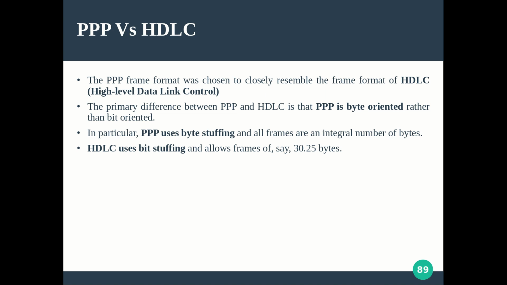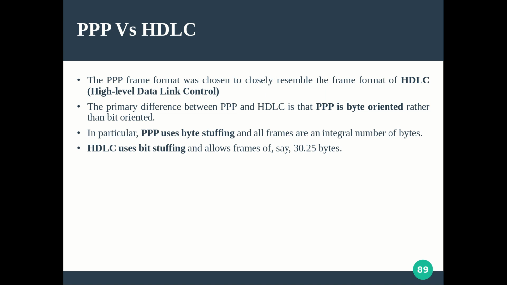Because of this bit stuffing, if you look at the frame size in the point-to-point protocol, it is an integral number of bytes, because we are dividing the information into different bytes, and if a byte is a special pattern used as an end delimiter of the original frames, you stuff one more byte. So altogether the byte count stays integral.